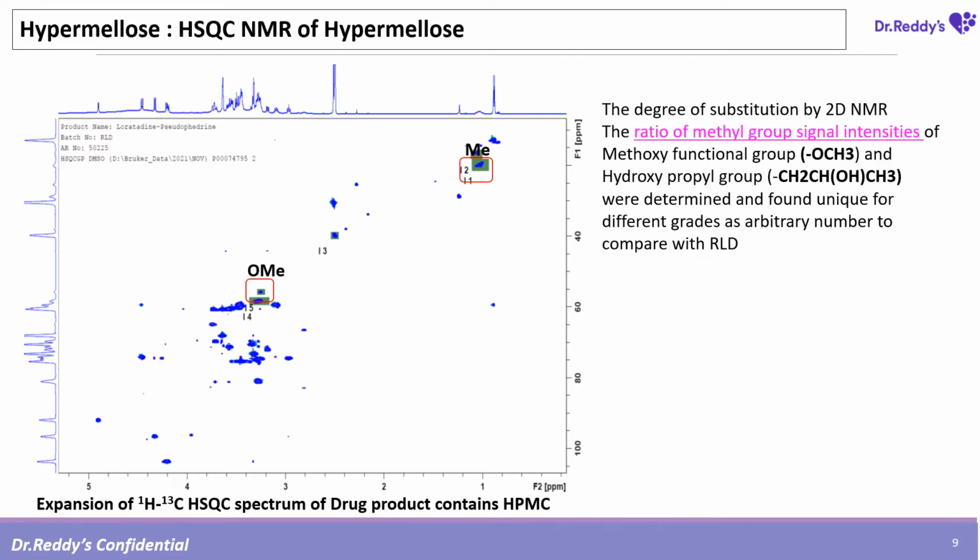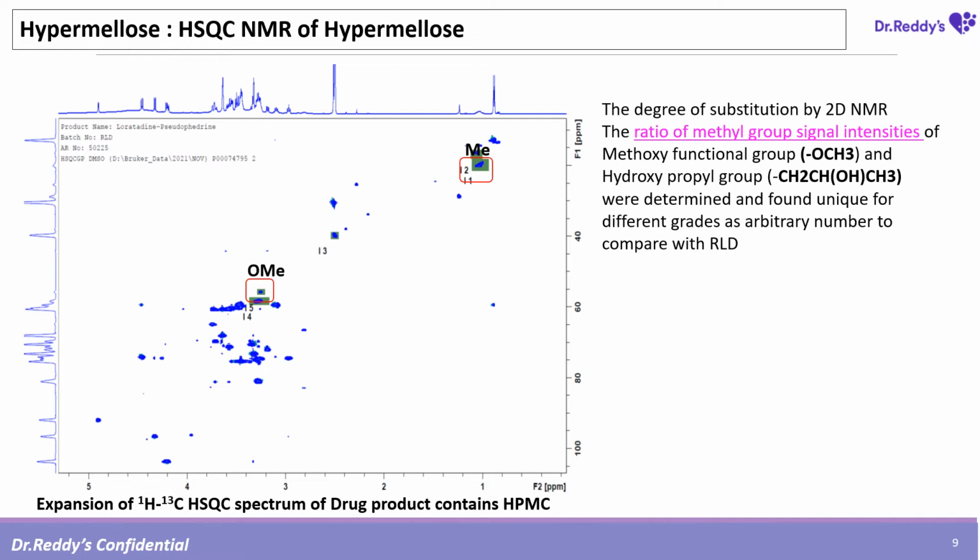So to understand the degree of substitution, we have used HSQC NMR as a tool for hypromellose differentiation. When we ran the HSQC NMR, we were able to see O-methyl signals and the methyl signals from the hydroxypropyl group, where an arbitrary number can be calculated from these ratios, and each grade gives a very unique number.